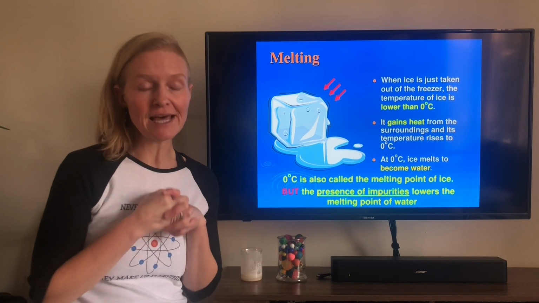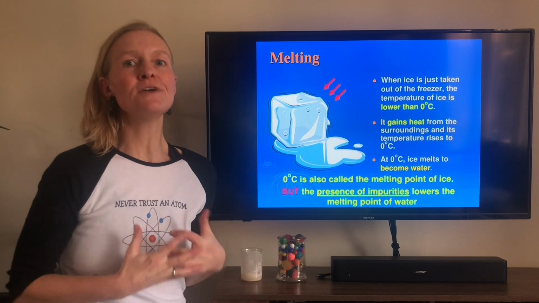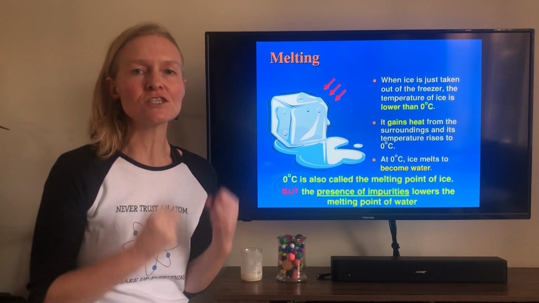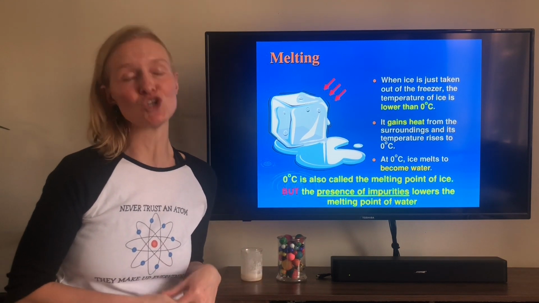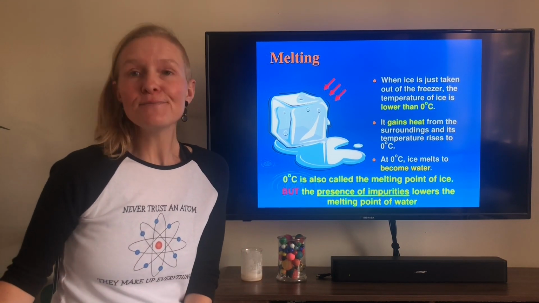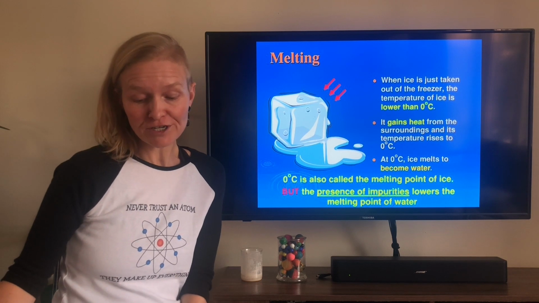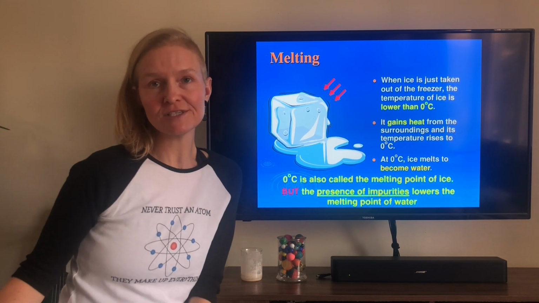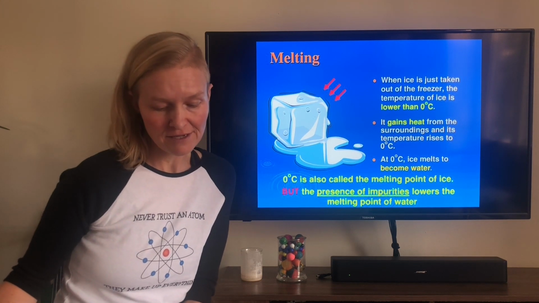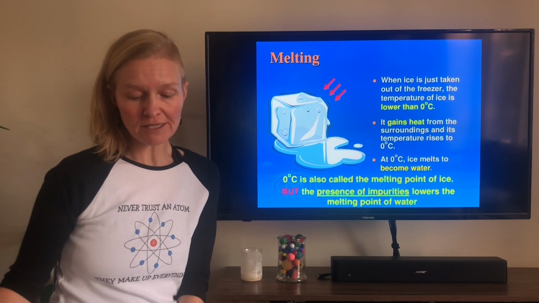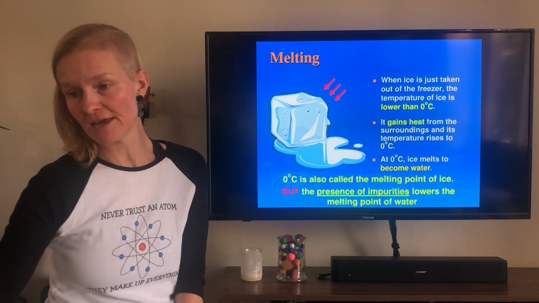Now, something like iron, which is a very, very hard and dense solid metal, melts at a much higher temperature than water. The melting point of iron is 2,795 degrees Fahrenheit. It becomes a very hot liquid with a lot of energy.